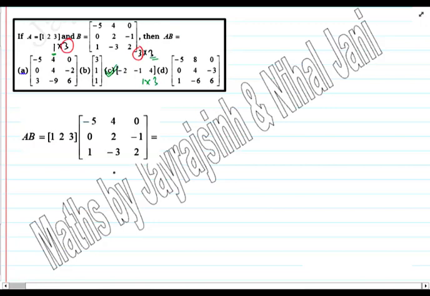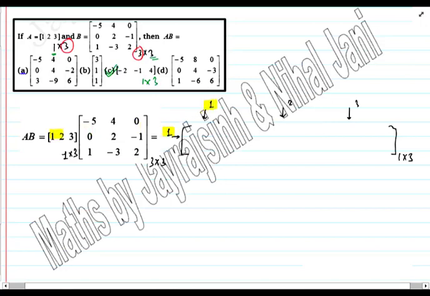Okay, so here we have A into B. You know that A has order of 1 cross 3 and this will be 3 cross 3. So our answer will be of order 1 cross 3. That means we will have 1 row and 3 columns. Without wasting time, let's find out the first element, which is in the first row, first column.